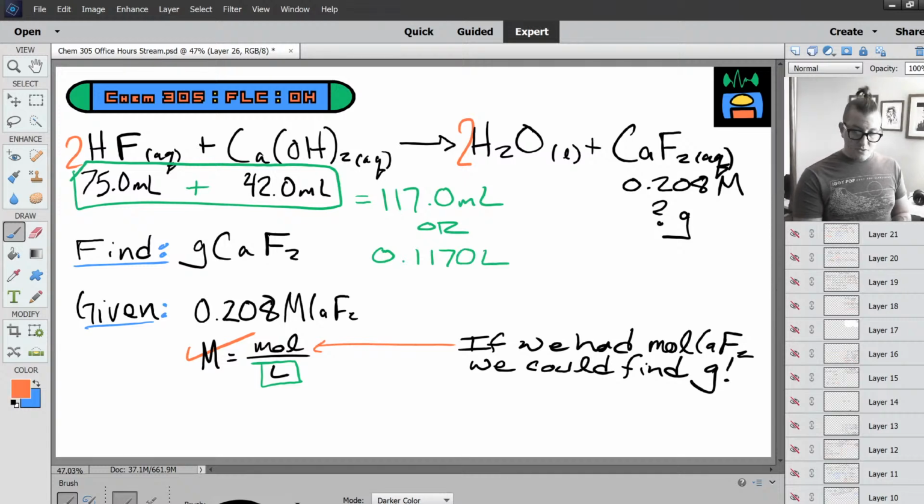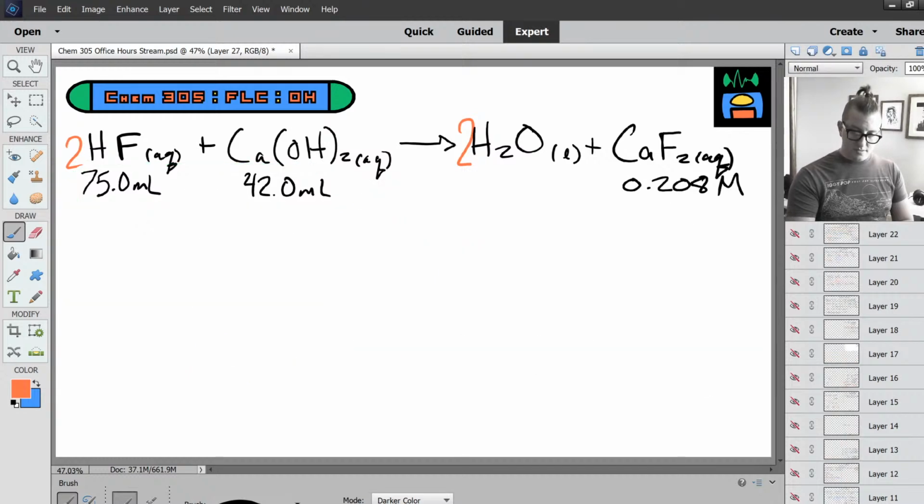All right. Now that we know our volume, we can use the molarity to find our moles of calcium fluoride, and then we can use stoichiometry to get our grams.